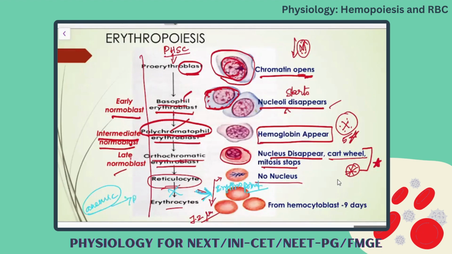will you consider it is only because of blood disorder? If a person is having renal disease, also you will have anemia, and also you will have hypoxia. Okay, so the term anemia, that is why we are defining anemia. It is not a disease, it is a sign of a disease.